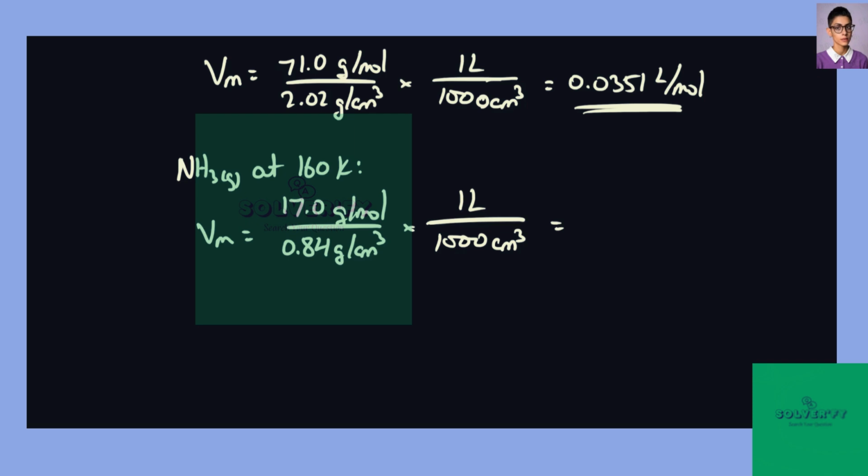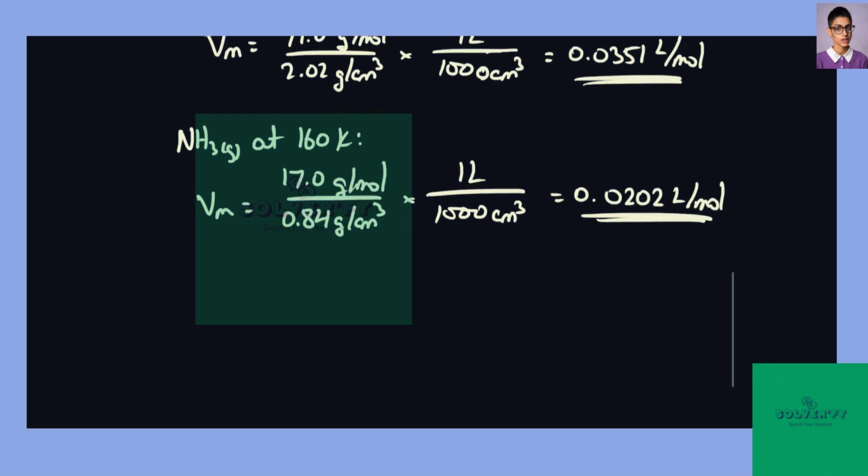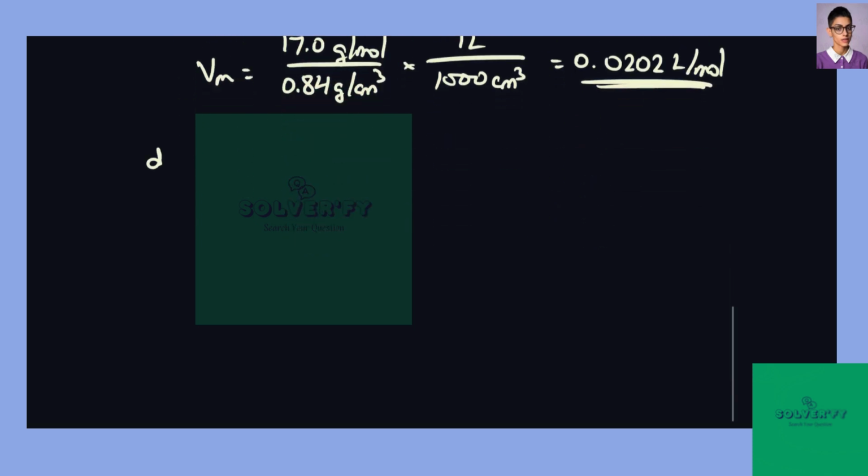This would give us 0.0202 liters per mole. So here's our molar volume of NH3 at 160 Kelvin.